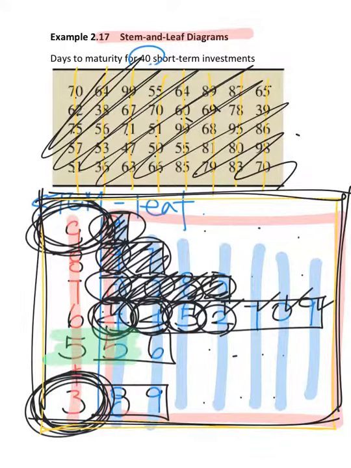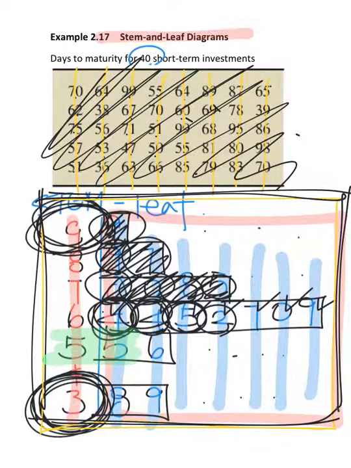Who knows? It might be 5.5. 550. Nobody knows. What was the advantage? What is the good thing about stem and leaf? Not only how many counts, but also we can figure out who was this one. But now, 5 and 5, we have no idea. It might be 55. It might be 5.5.